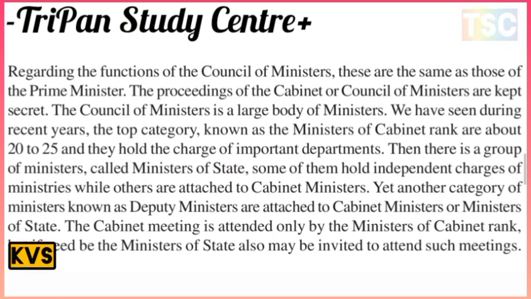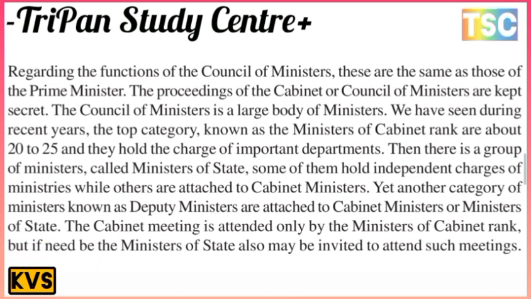The Council of Ministers is a large body of ministers. We have seen during recent years that the top category, known as the ministers of Cabinet rank, numbers about 20 to 25, and they hold charge of important departments. Then there is a group of ministers called Ministers of State, and some of them hold independent charge of ministries while the others are attached to Cabinet ministers.